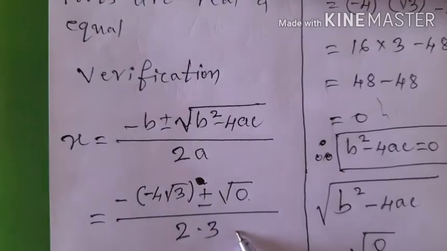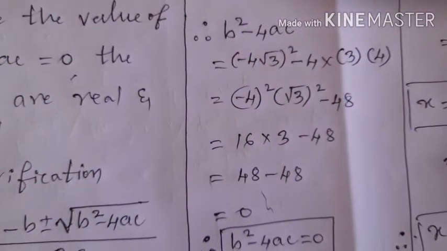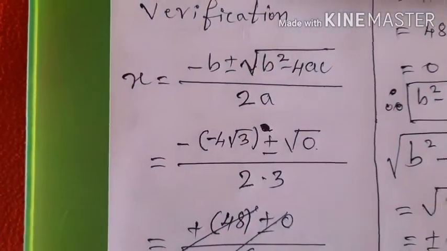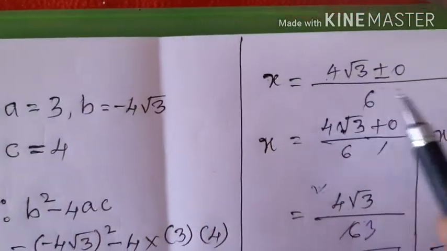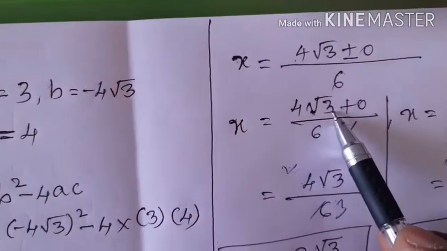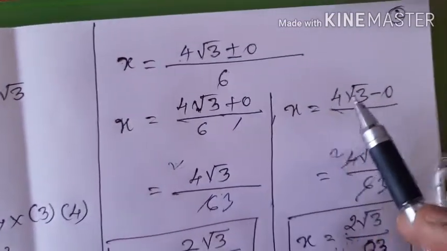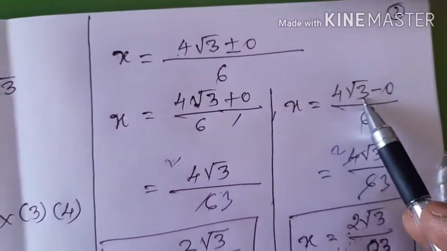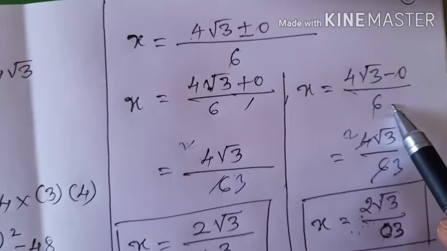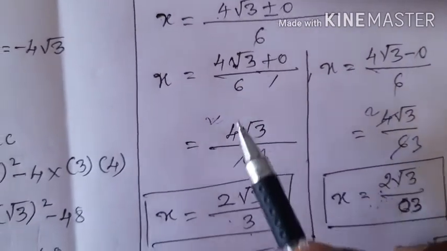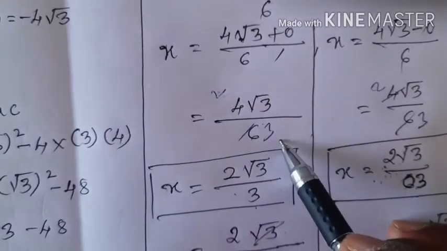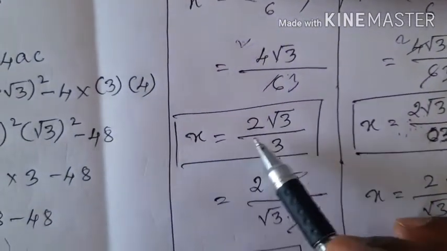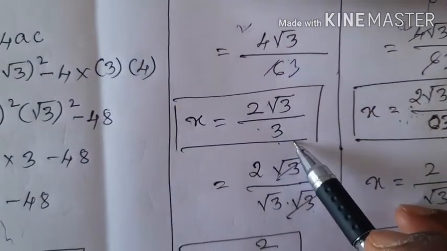After this, 2 threes are 6, and minus of minus 4√3 is plus 4√3. So x = (4√3 + 0) / 6, and x = (4√3 − 0) / 6. Here this is equal to 4√3 / 6. The 2 and 3 get cancelled, therefore x = 2√3 / 3.